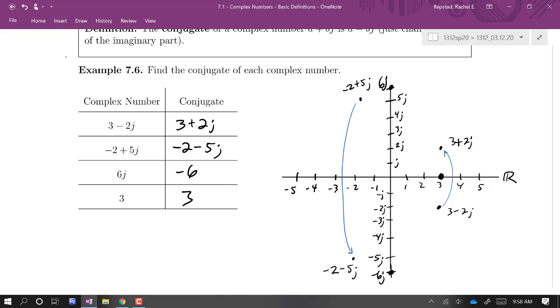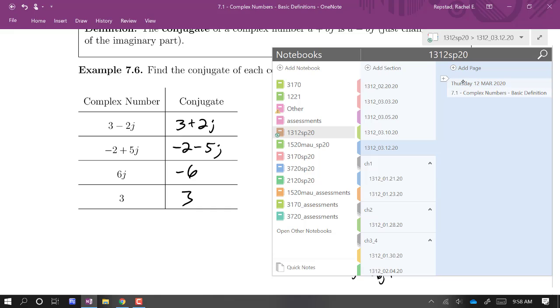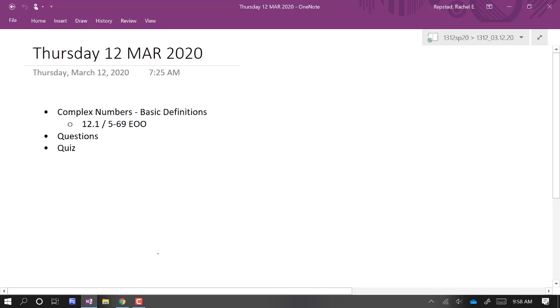Okay, that's all I want to get through today. So I will take your questions on the last chapter: radicals, multiplying, dividing, adding, subtracting, solving an equation.